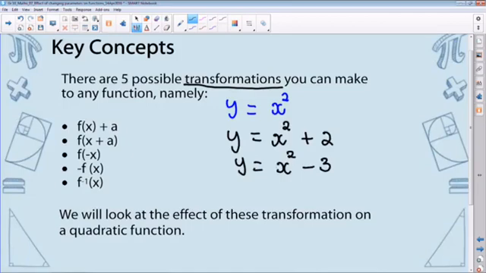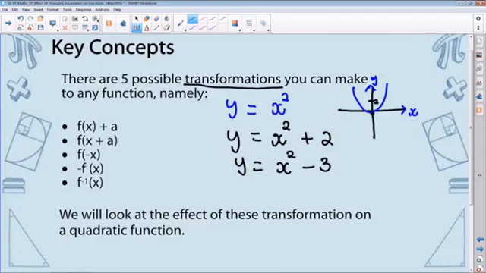So, for a graph, for instance, you have this as your parent function, right? Now, you're taking it up 2 units, so the origin, you see, it's not a naught. So here, it's going to be 2.